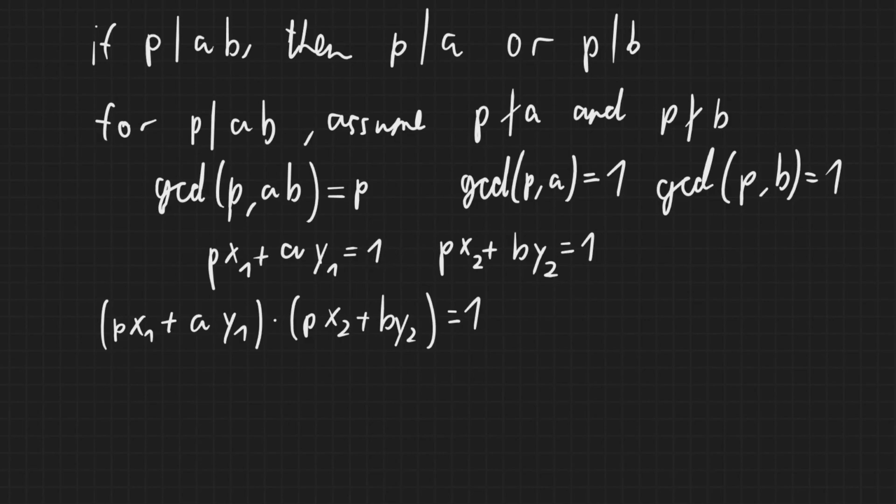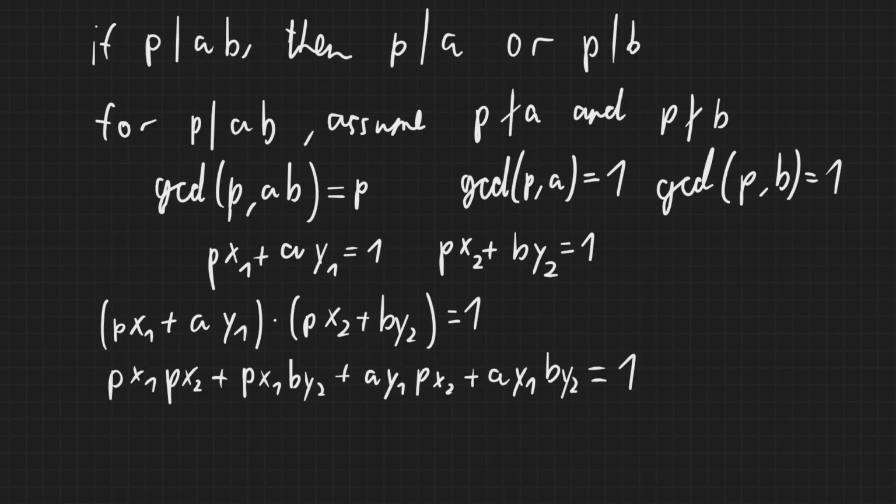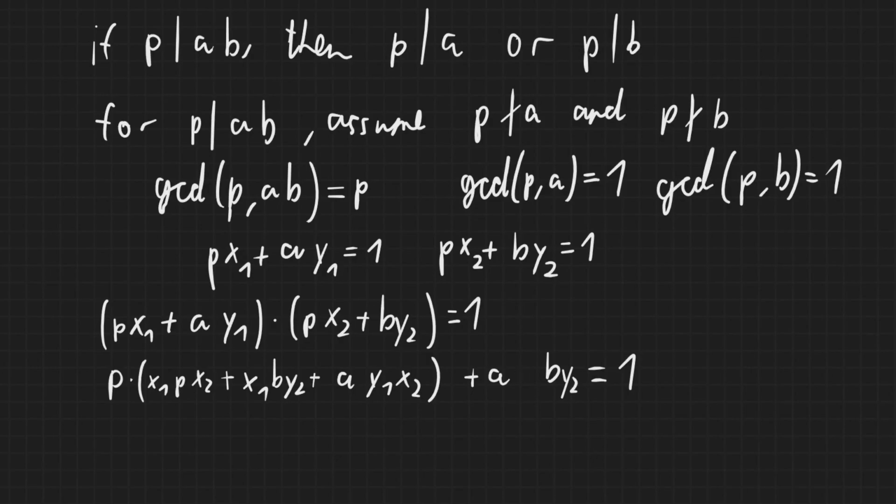And when we multiply out all the terms, this gives us the following. We can see that 3 of these 4 terms have p as a factor, so we can factor out p. And if we now also rewrite this last term as a times b times y1 times y2, we can see that we now have a linear combination of p and a times b.